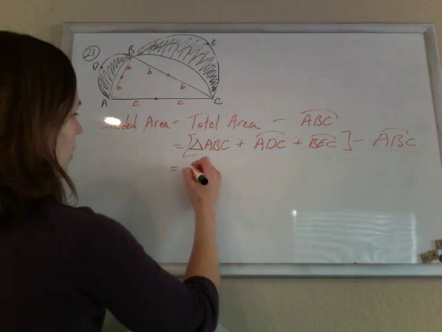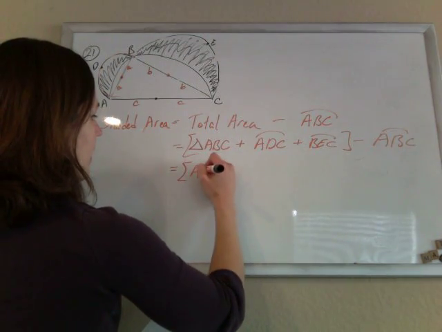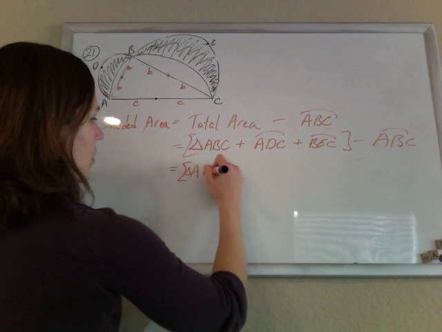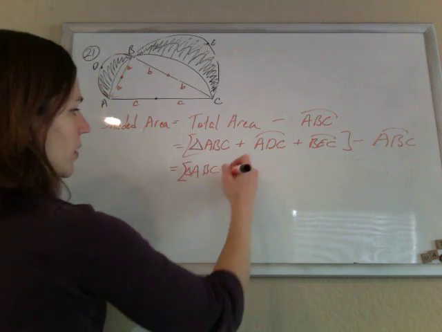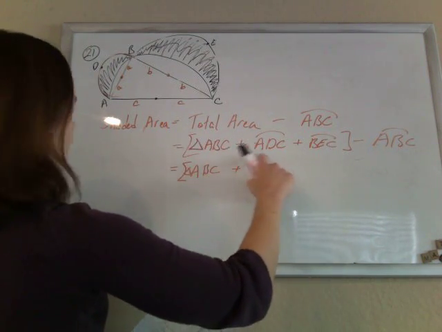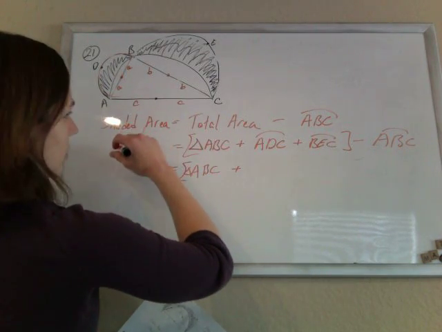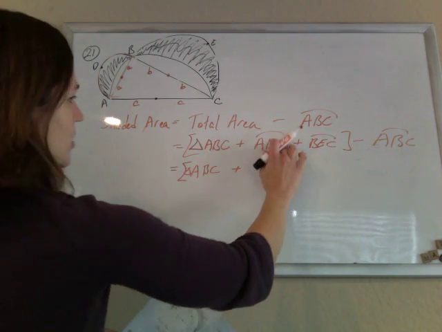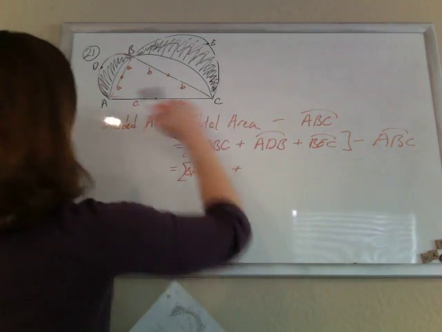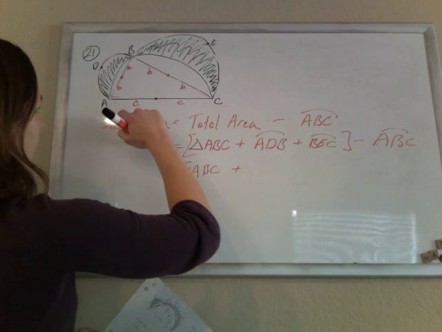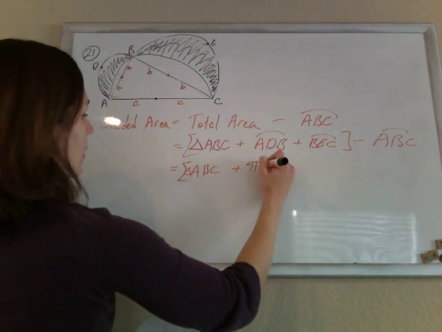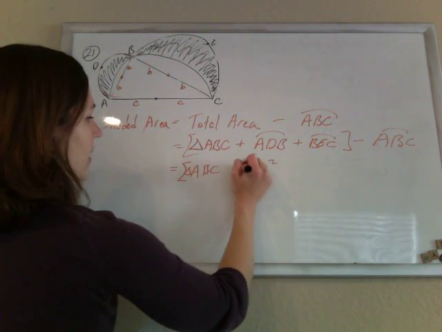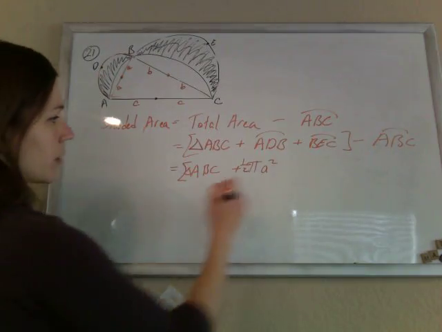So now, just rewriting this, I'm still going to call the triangle ABC, and ADB, my bad, ADB. Should be pi r squared, so pi a squared and half of that, right, because it's only a semicircle.